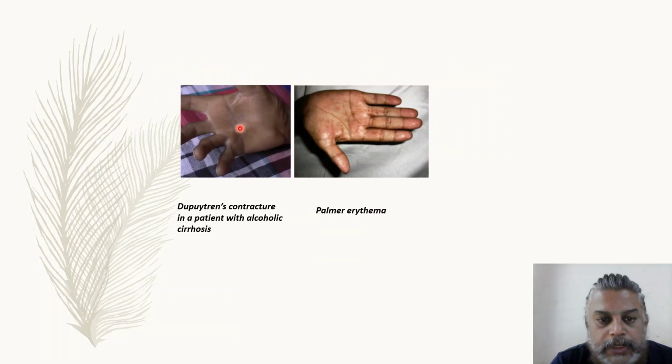In chronic liver diseases, we will have Dupuytren's contracture, that is, especially the tendons on the medial part of the hands are contracted, and they are very characteristic of alcoholic cirrhosis. Similarly, palmar erythema is also very common in alcoholic cirrhosis.